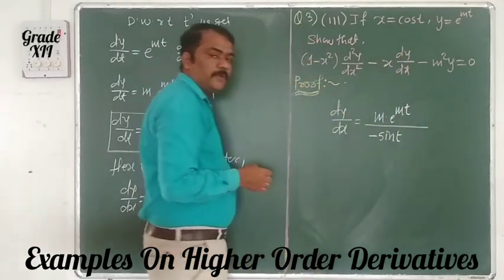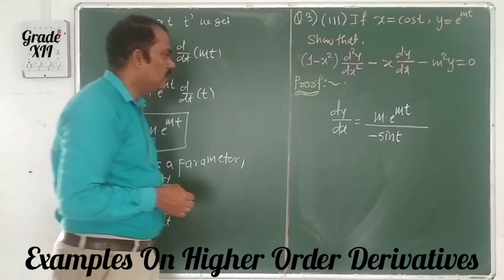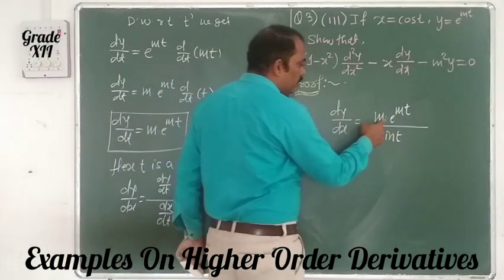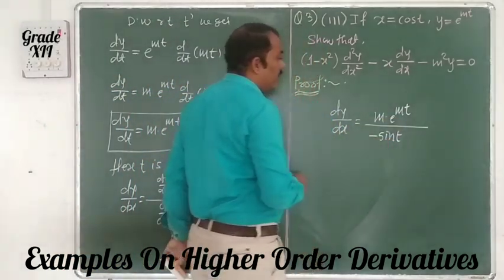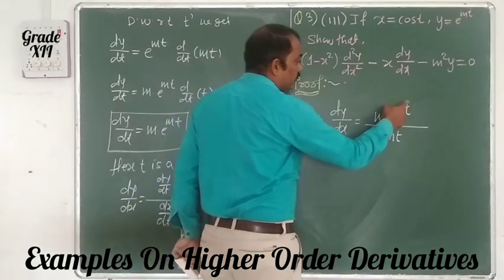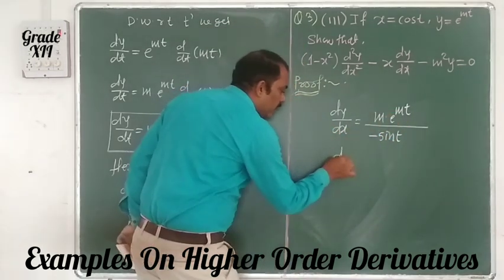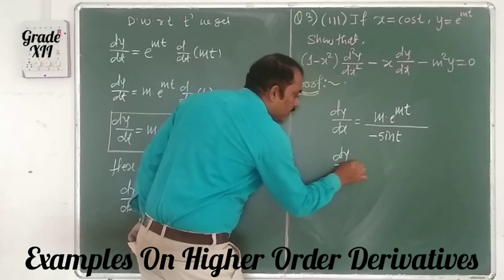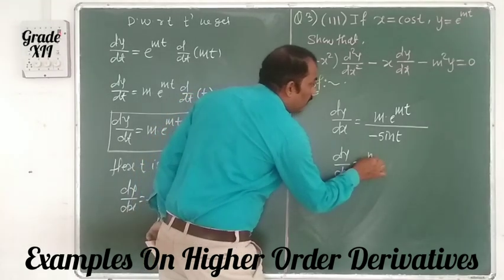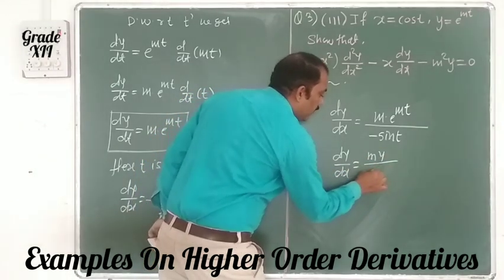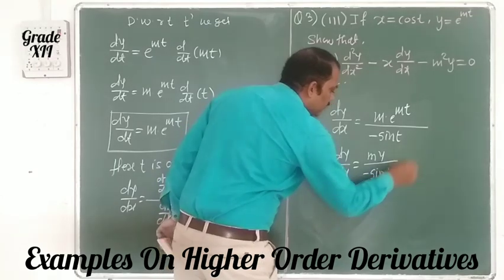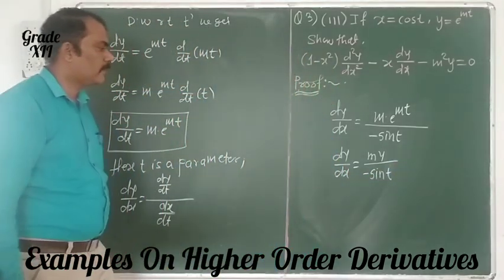Differentiation of cos t with respect to t is nothing but minus sin t. So dy/dx is equal to m e^(mt) divided by minus sin t. e^(mt) is nothing but y, so we can write dy/dx is equal to minus m y divided by sin t.